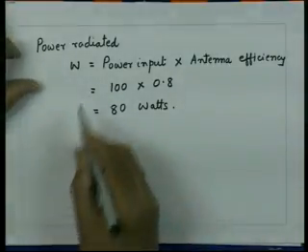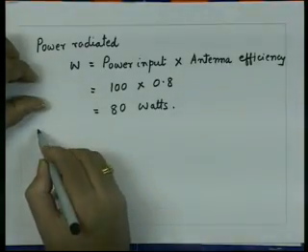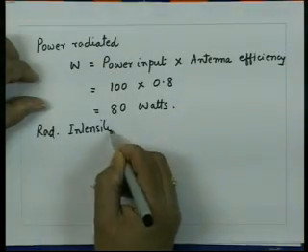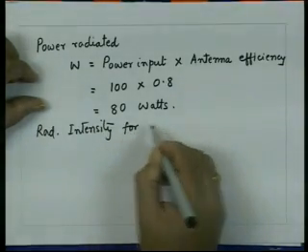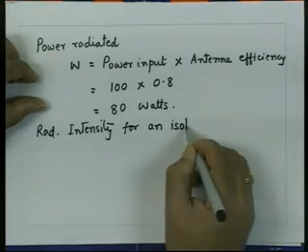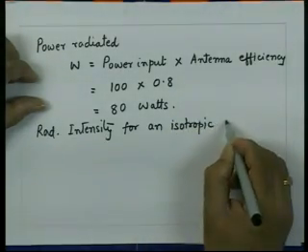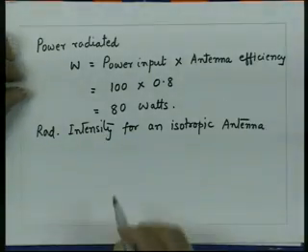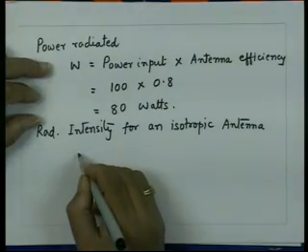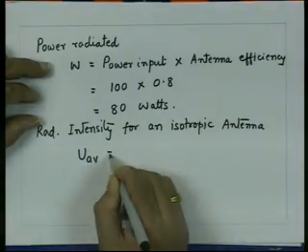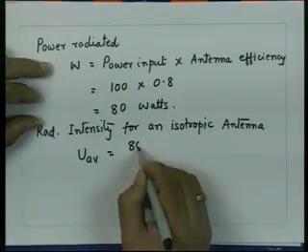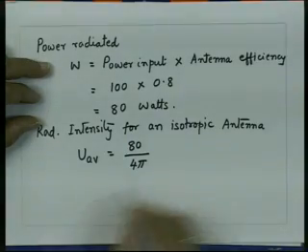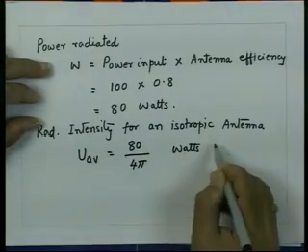So, in this case we get the radiation intensity for an isotropic antenna, and that radiation intensity we call the average radiation intensity. So, U average is equal to 80 divided by 4 pi watts per steradian.